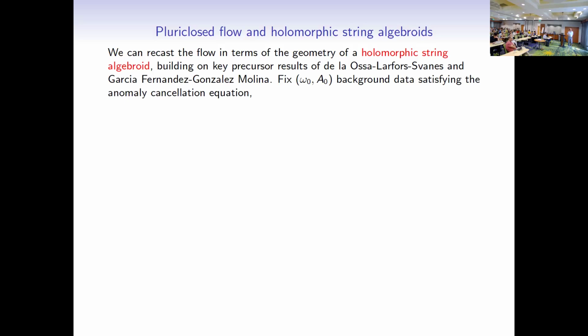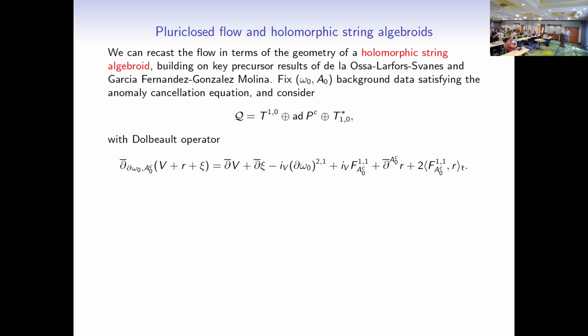So if you fix some background data which satisfies the anomaly cancellation equation, I can define this special holomorphic bundle. I take the holomorphic tangent bundle, direct sum V, and direct sum the holomorphic cotangent bundle. We call that Q. And then I can define a Dolbeault operator on this. Now, I write this formula down.